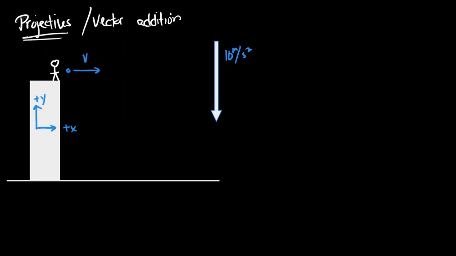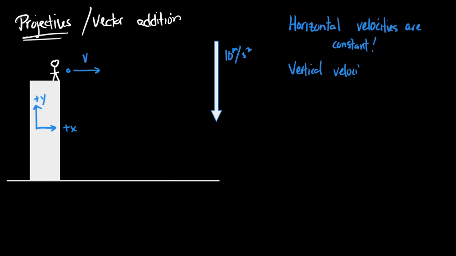Because there's no acceleration, horizontal velocities are a constant. But vertical velocities accelerate.